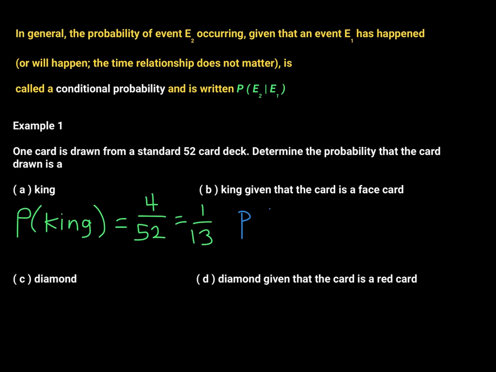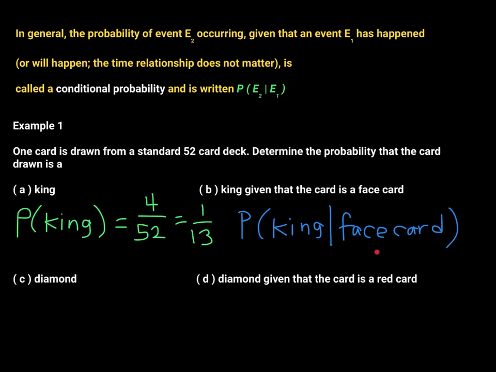So this is what we do. The probability of us choosing a king, assuming that this has happened. We have to assume that this has happened, that we have a face card. Look back at the definition: given that the first event has happened, we have to assume that we are only considering face cards.